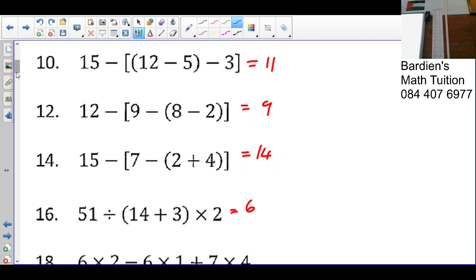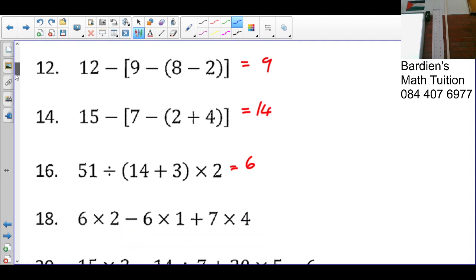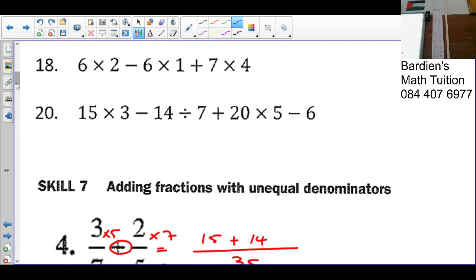Number 14? Number 16? No problem. Okay? The next one? 30? What? 34. And this one? 137. Any problems with number 18?